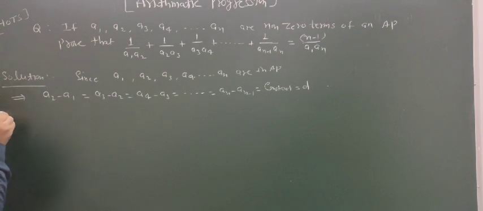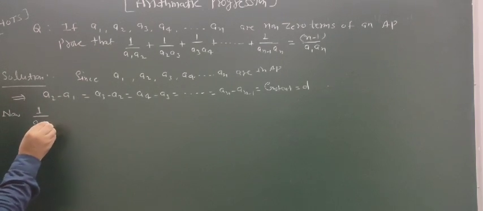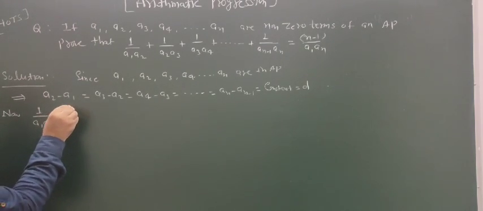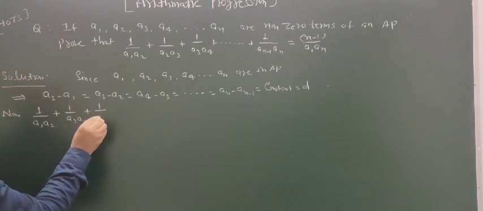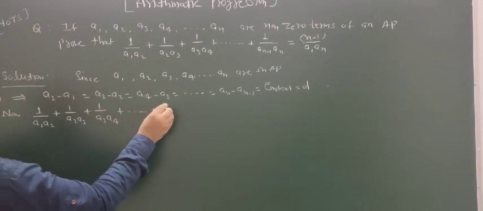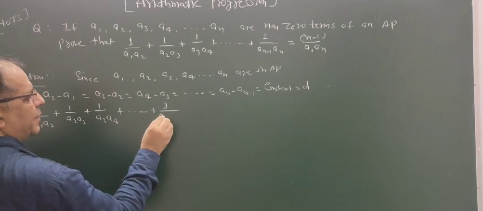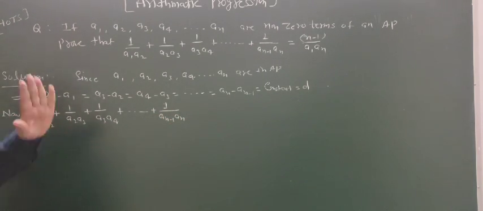Now start with the left hand side: 1 upon a1 a2 plus 1 upon a2 a3 plus 1 upon a3 a4 and up to 1 upon an minus 1 an. This is the left hand side of the question.